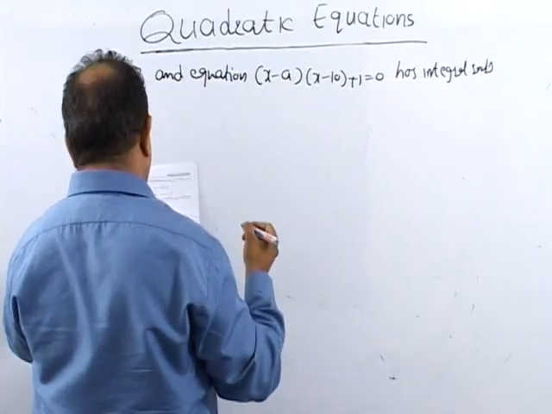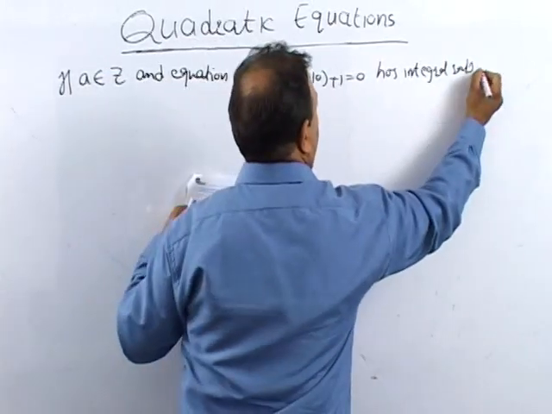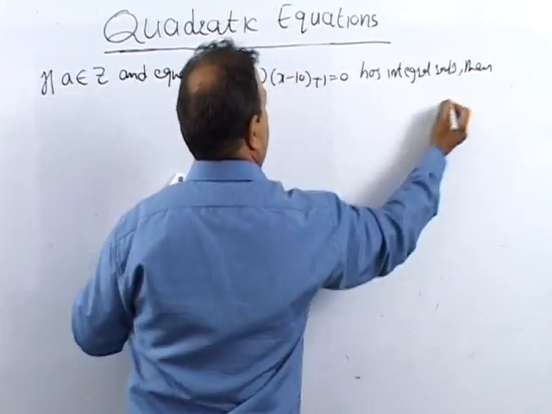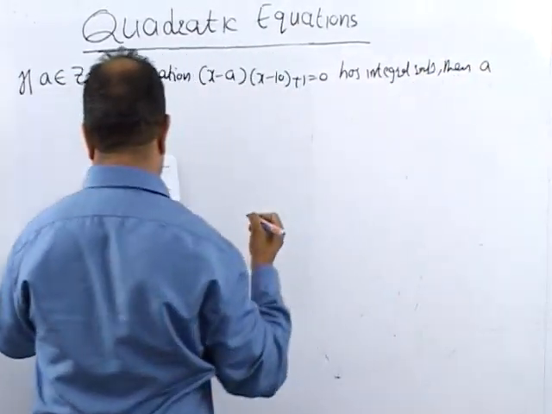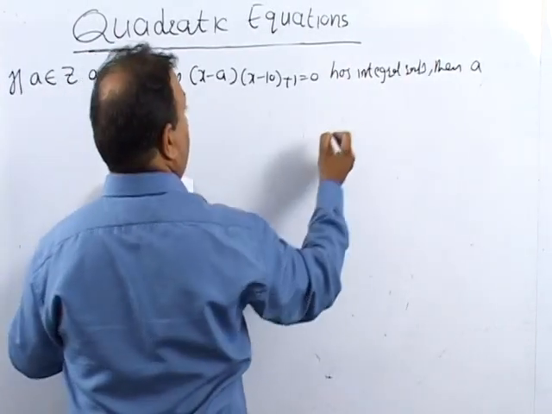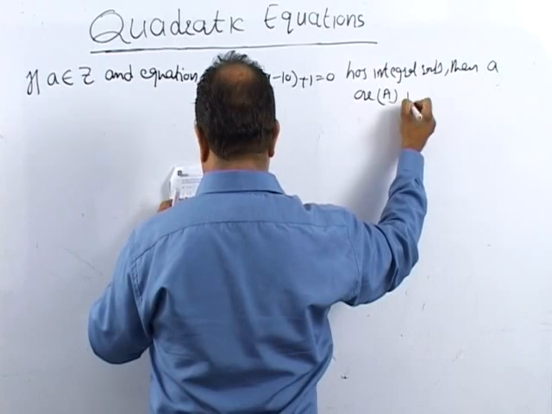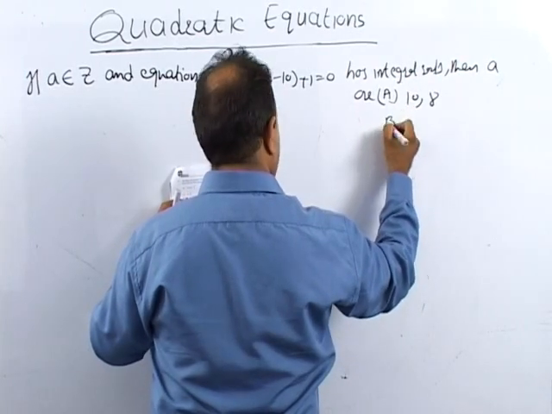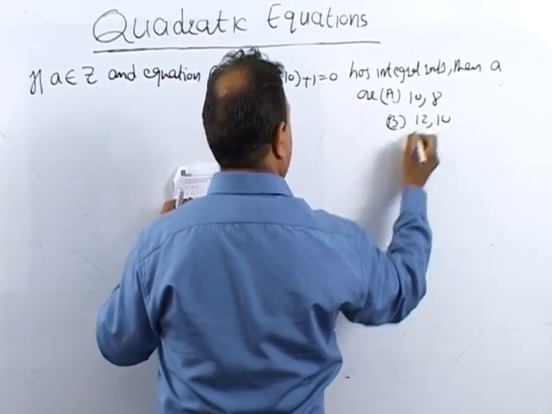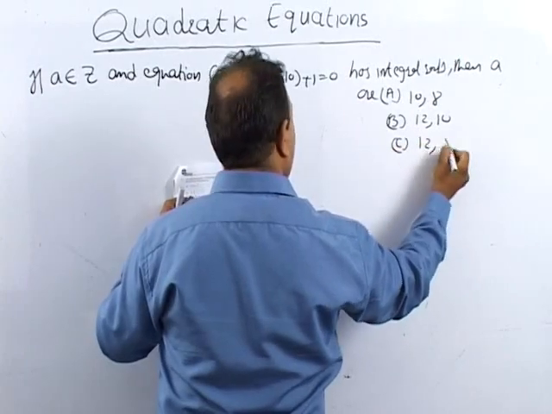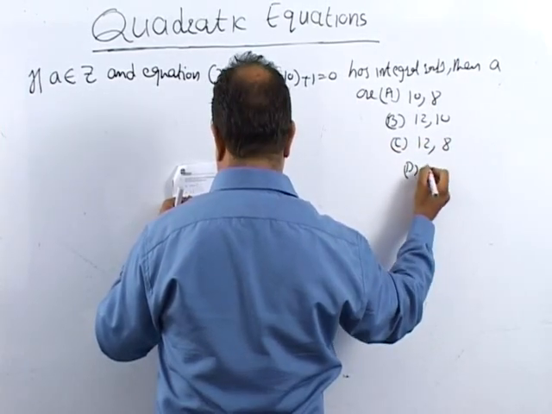It has integral roots. Then a is: A option is 10 comma 8, B option is 12 comma 10, C option is 12 comma 8, and the D option is none of these.